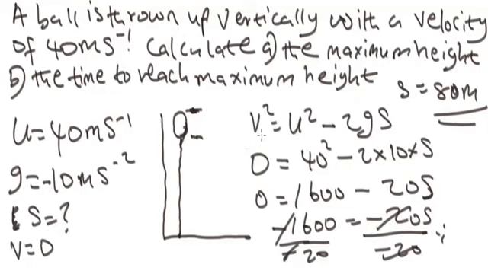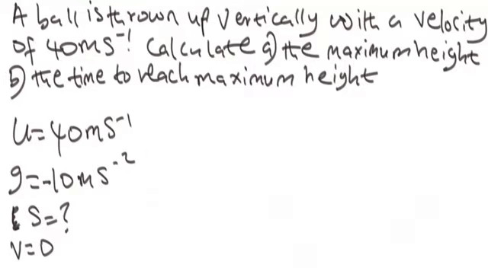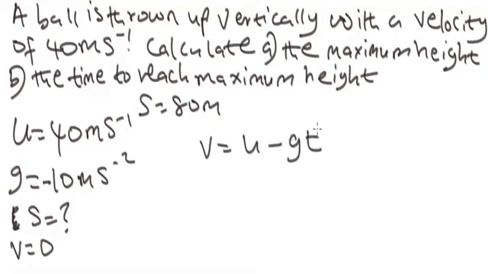Now to calculate the time, very simple. Remember, our x is 80 meters. To calculate the time, we can use v equals u minus gt.